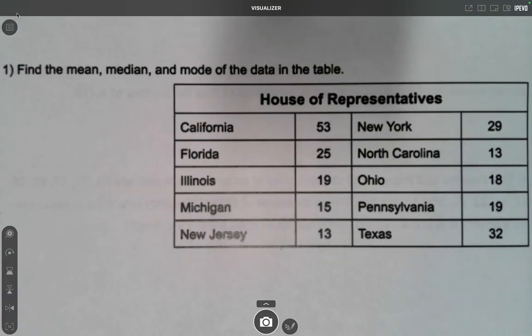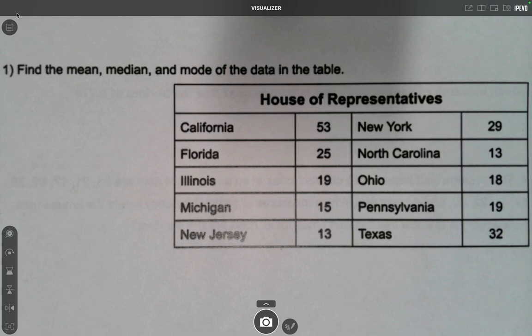So let's try to find the mean, median, and mode of this data. This is the House of Representatives in each of these 10 states. Now you may know this already, but I'll take the chance to make sure you do. Our legislative branch is separated into the House of Representatives and the Senate. In the Senate, every state gets 2 members, 2 senators.